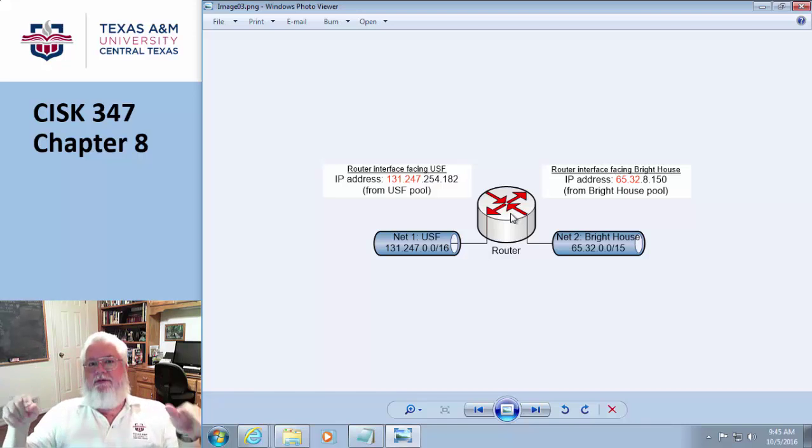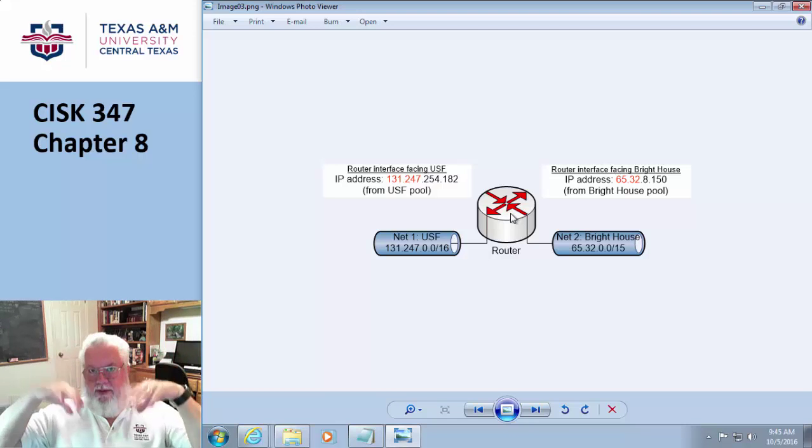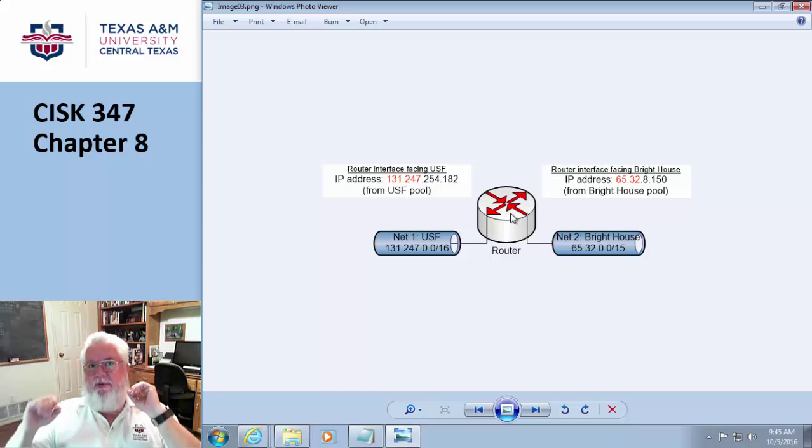So the router has to live in both worlds. It has to have an IP address that's valid over here and an IP address that's valid over here. So that's basically how these things work. It has one foot in each world, and it is the only way that you can pass packets back and forth, because it's the only one that has an IP address in both worlds. That's required. If you don't have an IP address in both worlds, you're not going to be able to talk between the two.